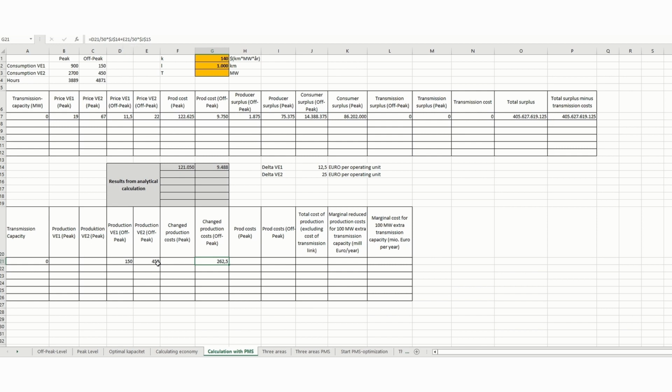We take the total running capacity in VE2 divided by 50. This is how many units are running in VE2, and we multiply that with this correction factor here.